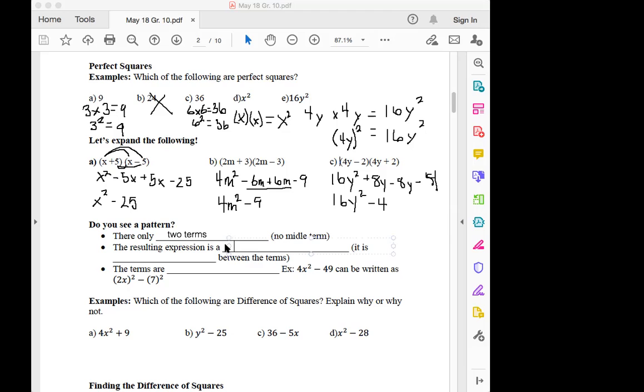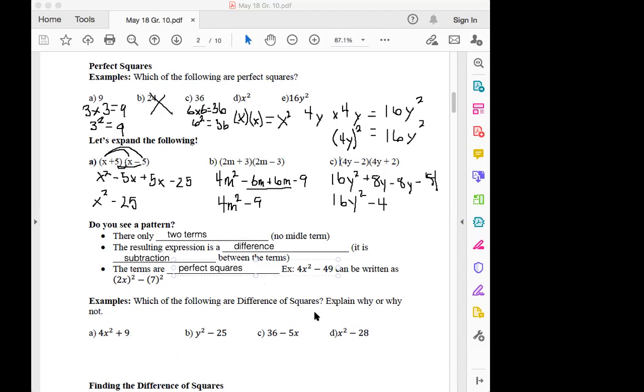The resulting expression is a difference, in other words, a subtraction. And the terms are perfect squares, exactly like we saw above, those can be square rooted.